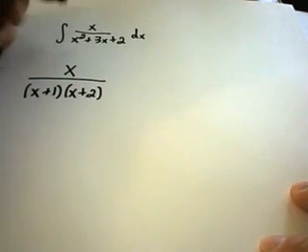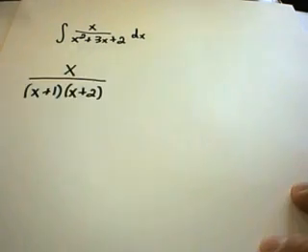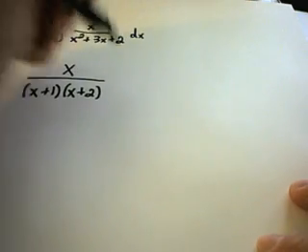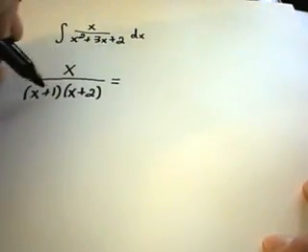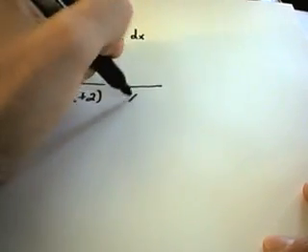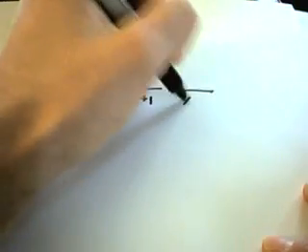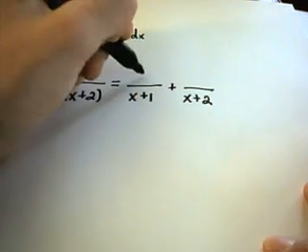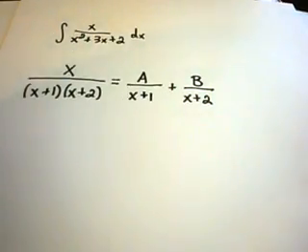So this would be the problem as it's stated, and then I would basically take the denominator and factor it into my two linear factors. So using what we talked about from the last video, each linear factor gets its own fraction, and then again we put just generic numbers a and b on top, and we're going to have to figure out what a and b are equal to.